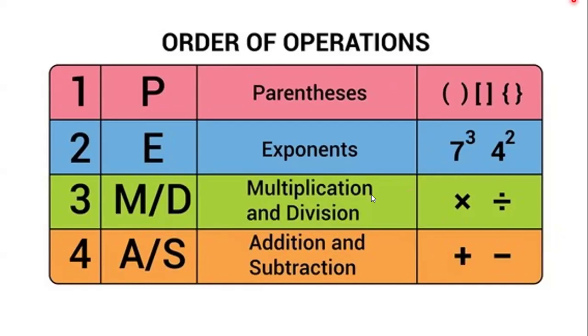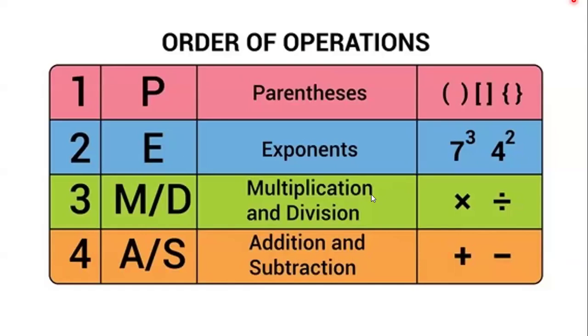Whichever one comes first from left to right. Very good. Whatever comes first from left to right, that's what we do. So if division comes first, then we do the division. If the multiplication comes first, then we do the multiplication. All right, that makes sense.